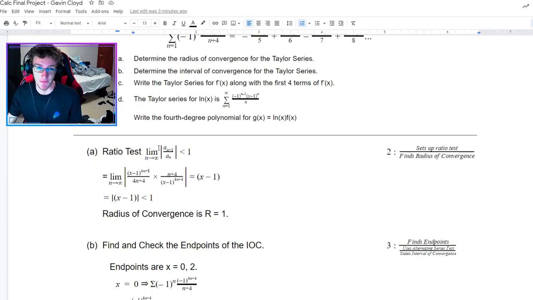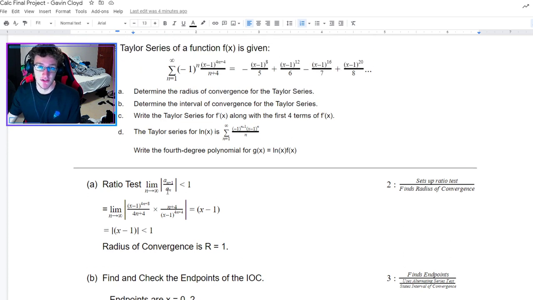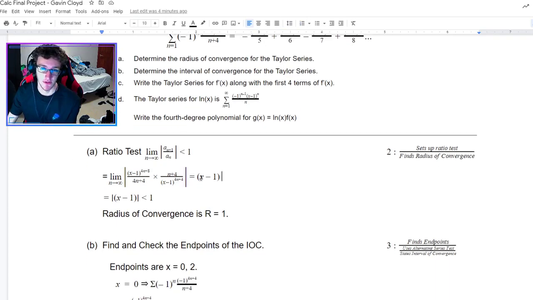Once you plug in our Taylor series for the ratio test, you'll end up getting this equation right here, and once you do all the algebra, it'll reduce down to just x minus 1. So when you do x minus 1 less than 1, you just get that the radius of convergence is 1.